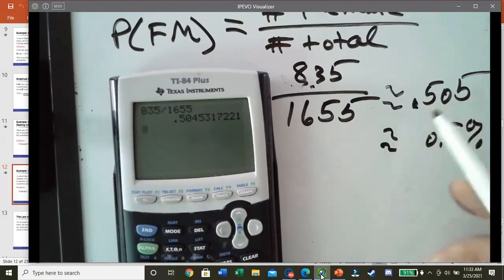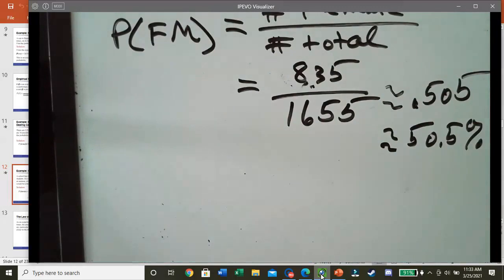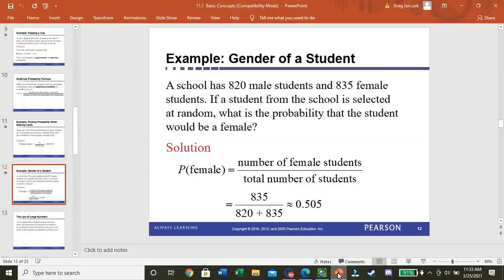Questions? Most of the time, you only see it as a decimal. But if you want to get a better idea of what the probability is, you could always just move that decimal point over 2 places and you've got a percentage. Any questions there?